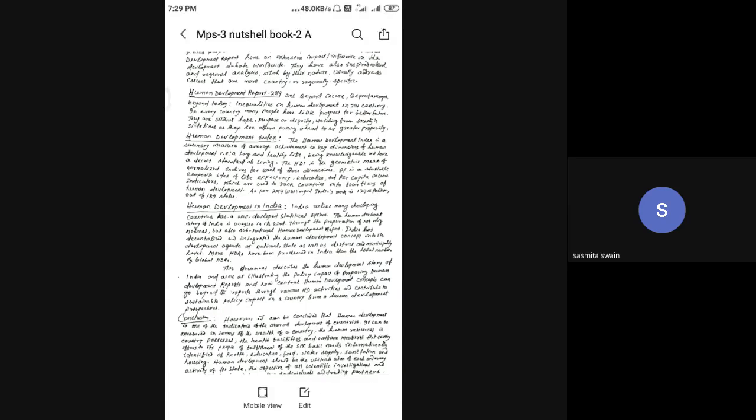The Human Development Index, HDI, is the geometric mean of normalized indices for each of the three dimensions. It is a statistical composite index of life expectancy, education, and per capita income indicators.